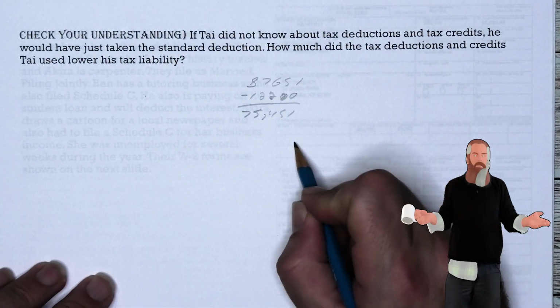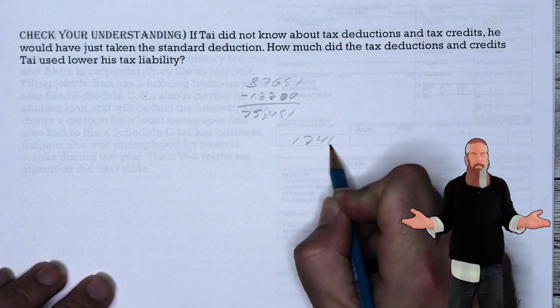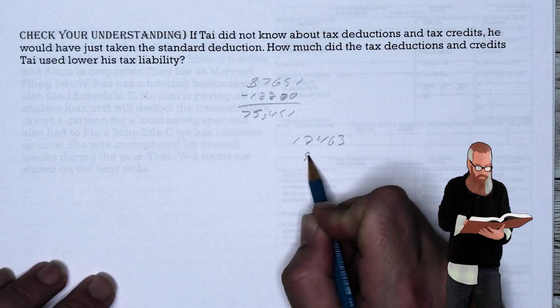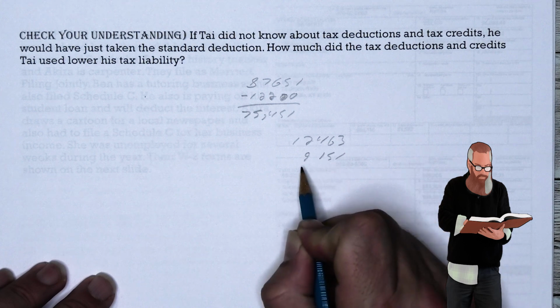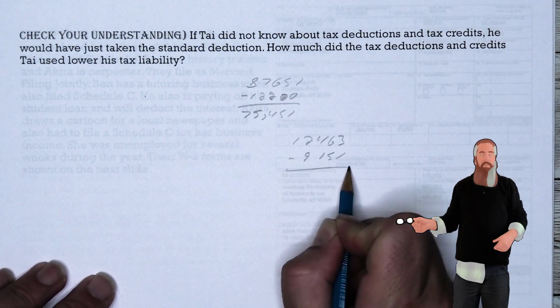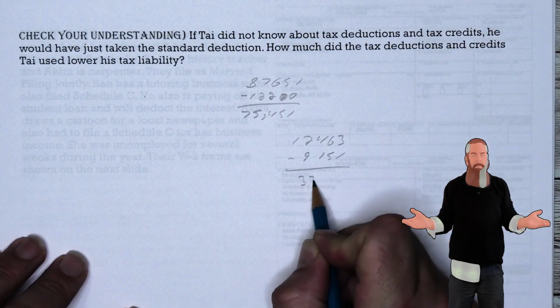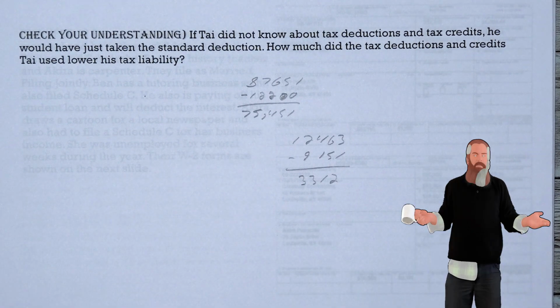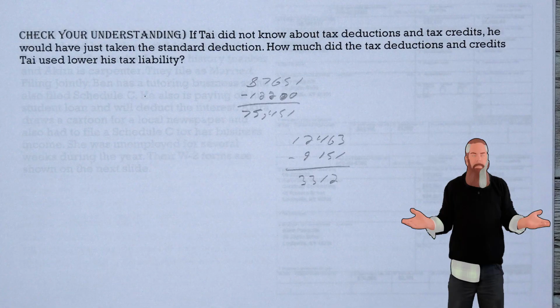From the tax table, we get that is $12,463. Now, we know from the last problem that he actually was paying $9,151. So if we subtract that, we get a $3,312 savings by knowing about his tax deductions instead of using a standard deduction.